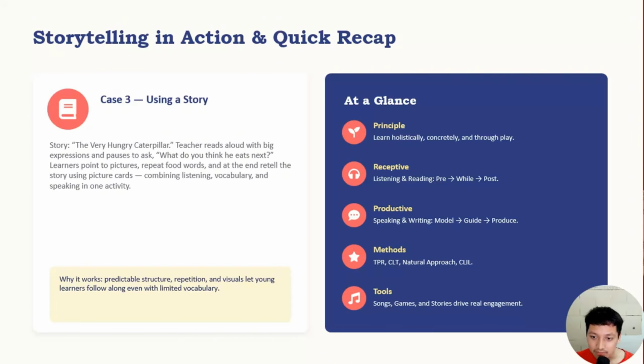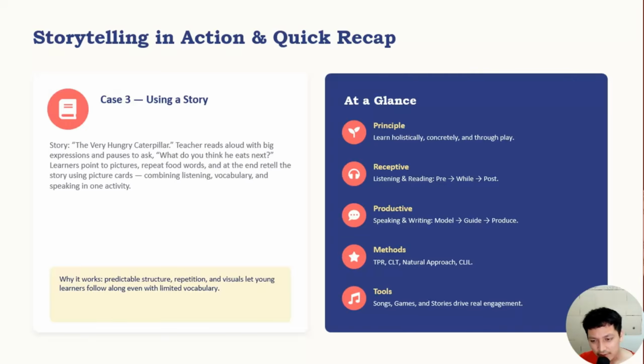Learners point to the pictures, repeat the food words, and at the end, they retell the story using picture cards. This combines listening, vocabulary, and speaking all in one activity. It works because the story has predictable structure, repetition, and visuals. So even with limited vocabulary, young learners can still follow along.